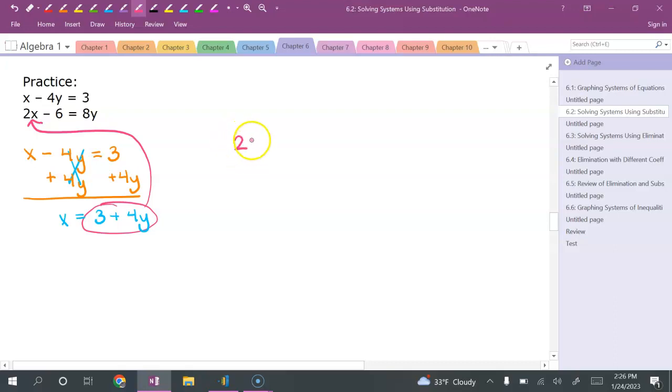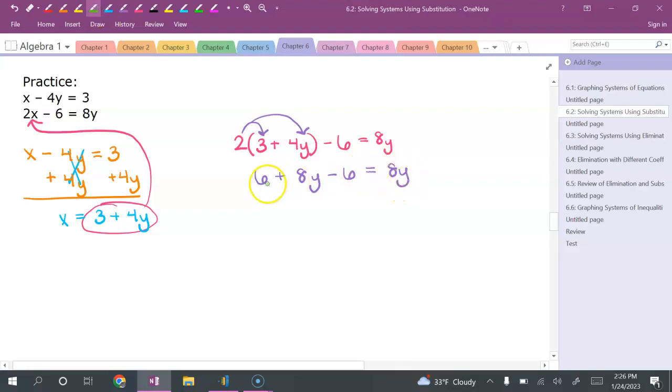So it says 2 times 3 plus 4y, and then minus 6 equals 8y. Then I distributed here, and so I have 6 plus 8y minus 6 equals 8y.